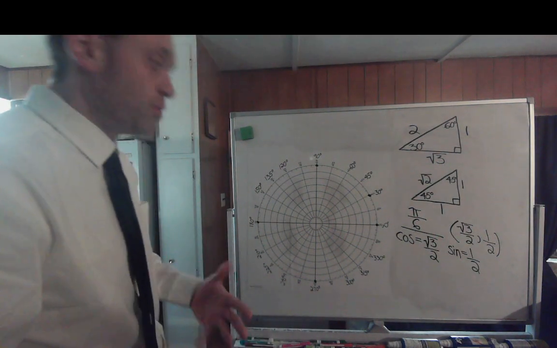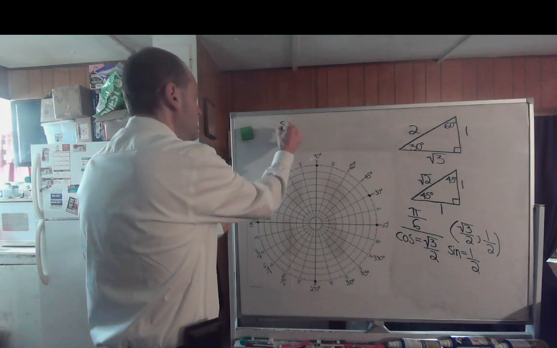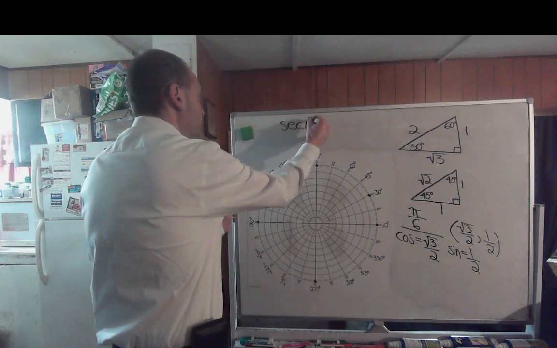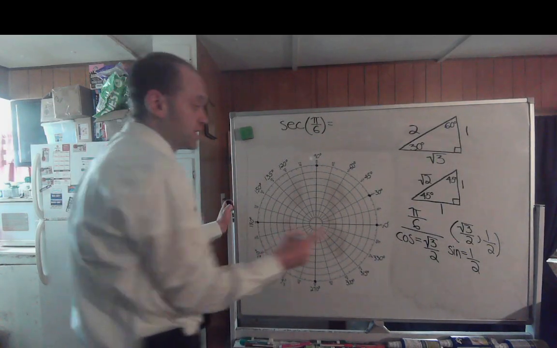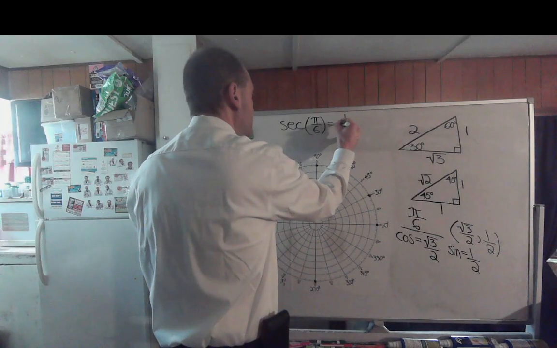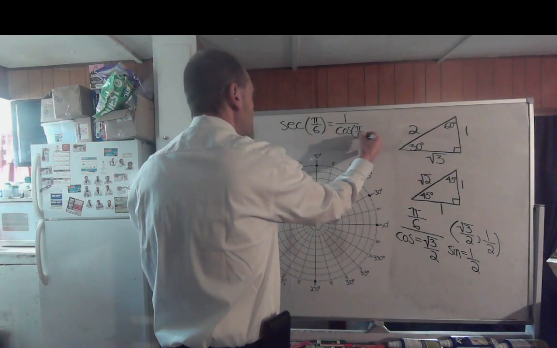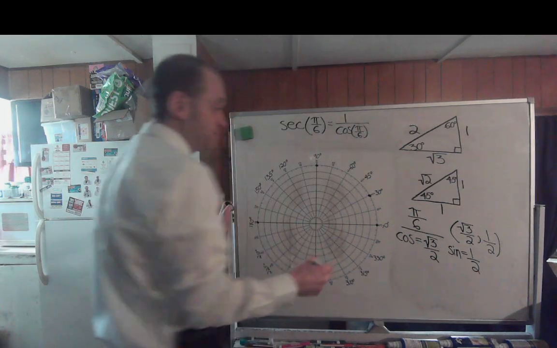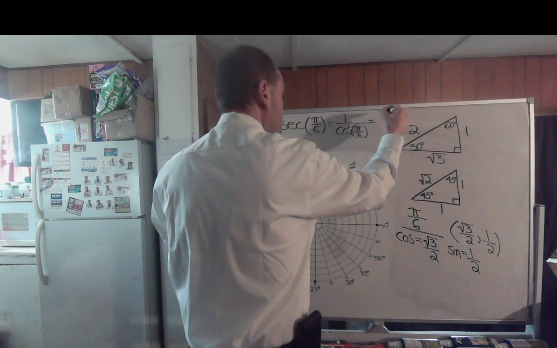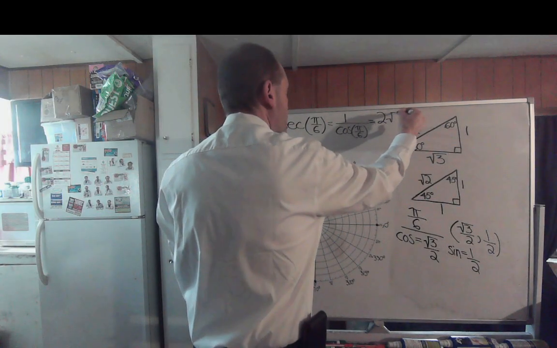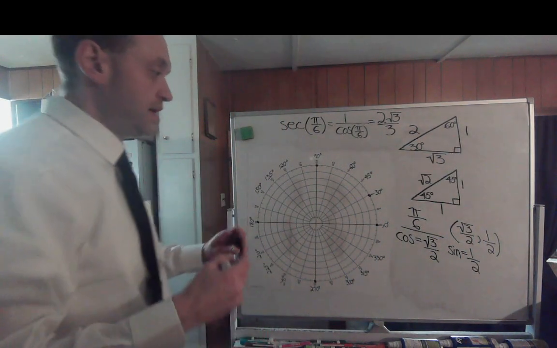Now from here, we can develop the secant and cosecant. So the secant of pi over 6, that of course is the reciprocal. That would be the same as 1 divided by the cosine of pi over 6. Well, the reciprocal of the square root of 3 over 2 would be 2 divided by the square root of 3, which is 2 times the square root of 3 over 3 by the time you rationalize the denominator.